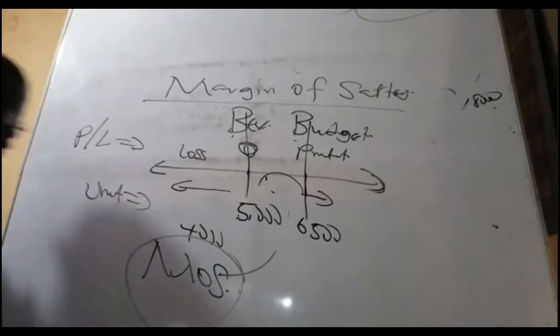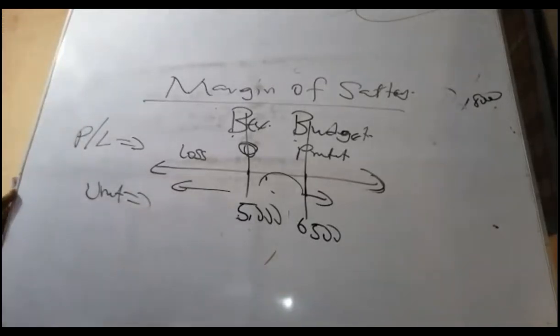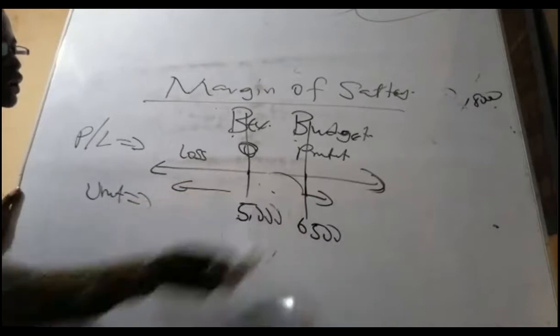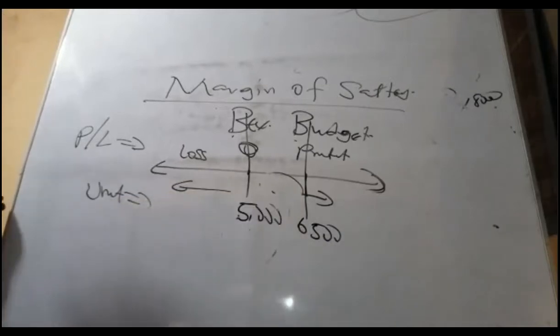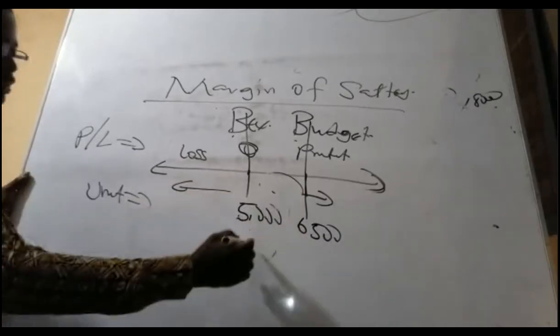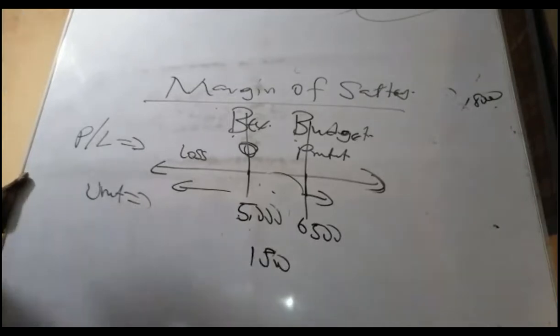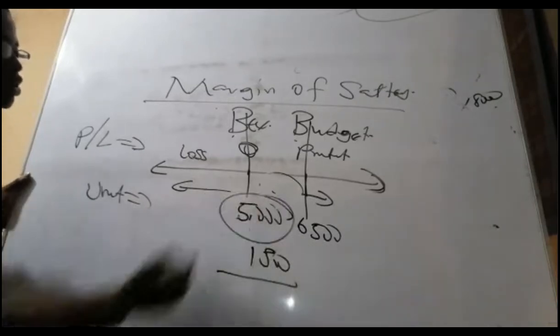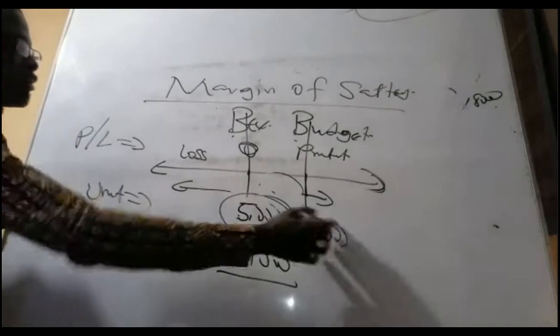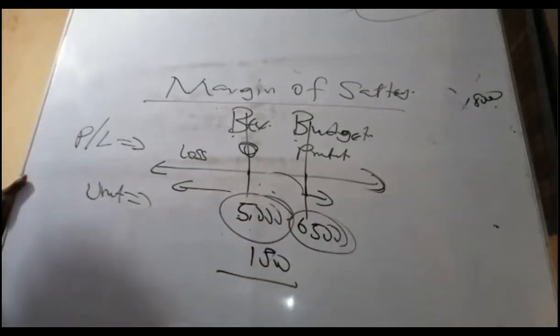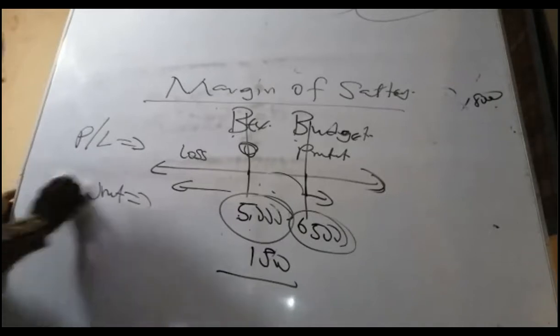So let's go. Now you can express margin of safety as a percentage. We have it in 3 forms. So this 1,500, I can divide it by this, or I can divide it by this, and then I'll get my percentage. So let's look at them.